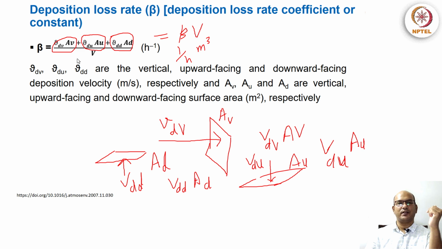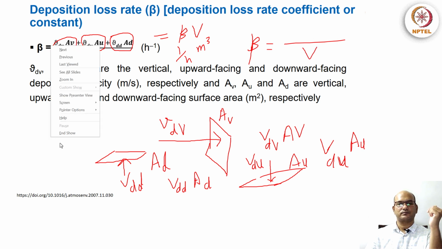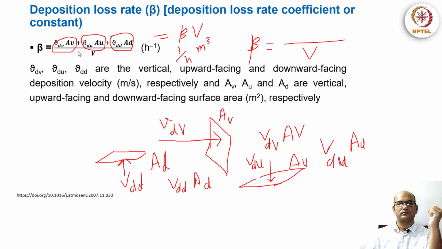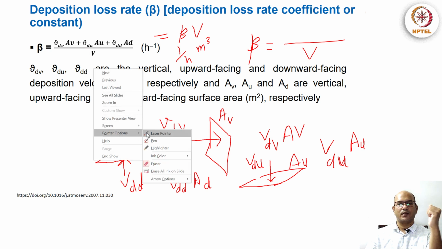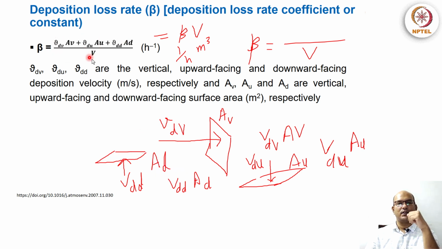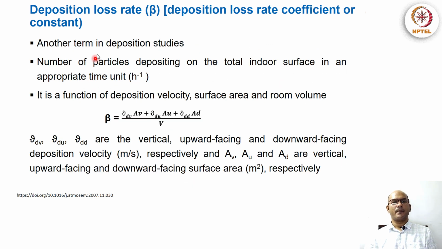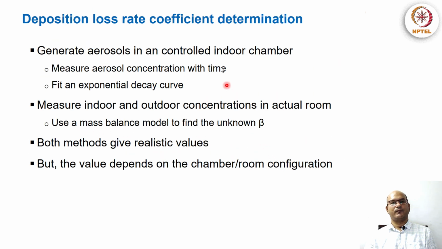Then we can move this V down and get beta equal to the numerator, which is here, and denominator, which is V. So this is basically the total flux, and this is now equated to a rate coefficient multiplied by the volume of the room. This is the derivation.